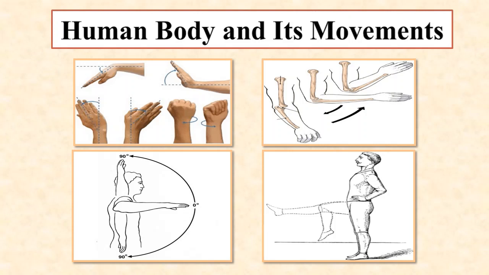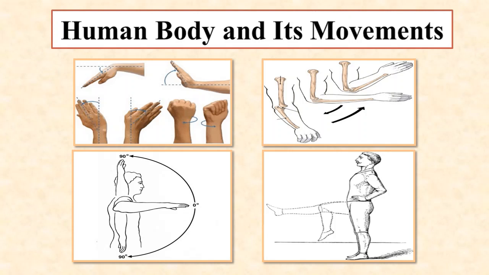Do you enjoy doing physical exercise at school? Yes, we all enjoy doing physical exercise. Students, you move your hands and legs while doing different exercises. You can rotate your wrist clockwise and anti-clockwise.